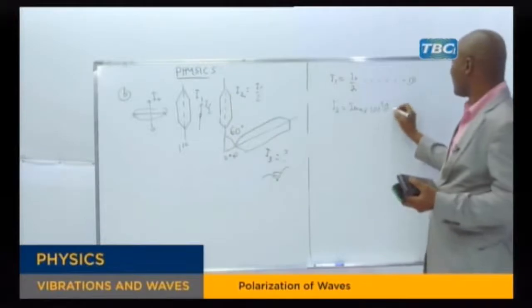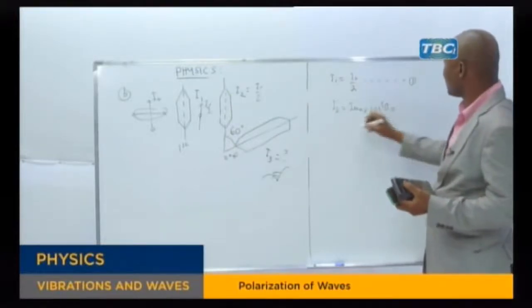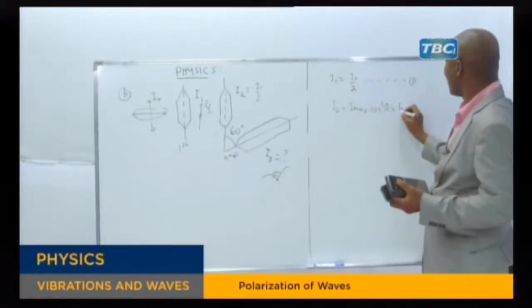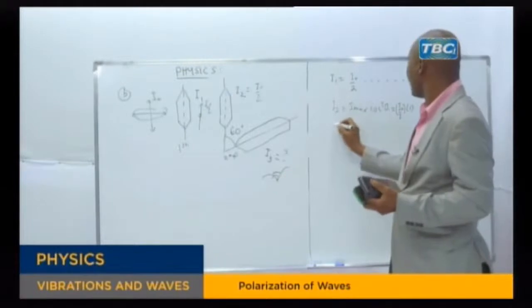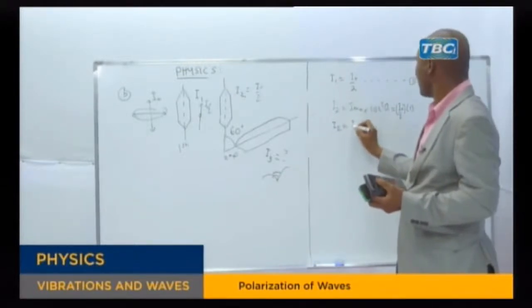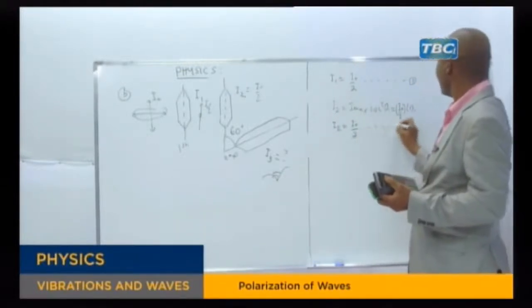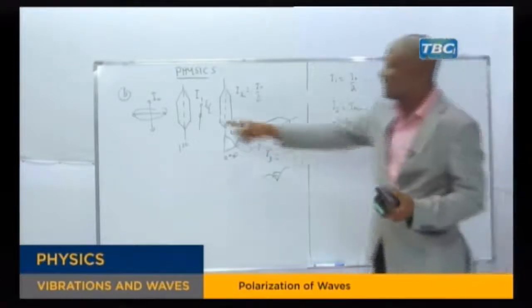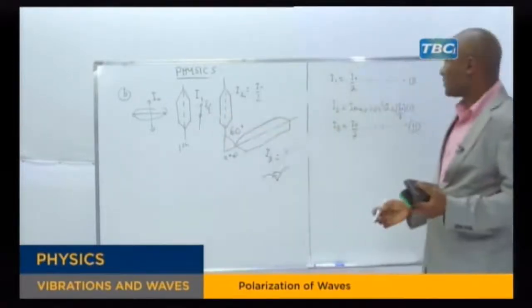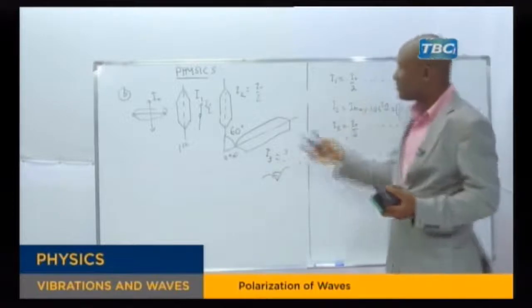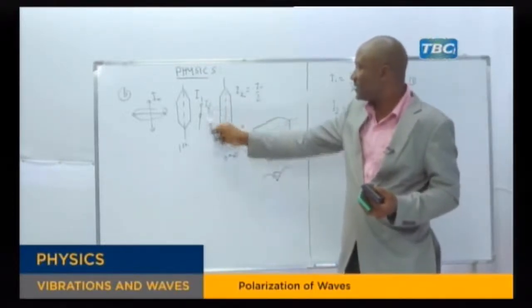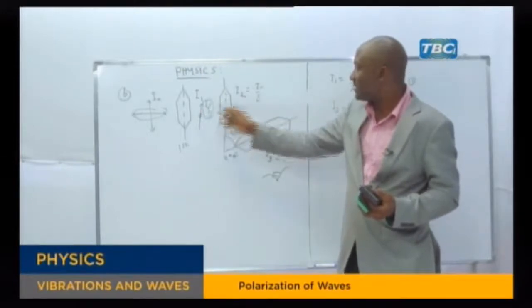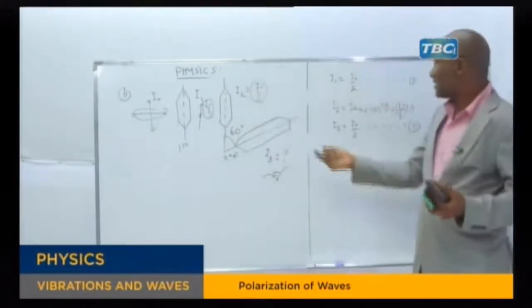Cos of 0 equals 1, so this will be I0 times cos of 0, which is 1, 1 squared is 1, giving us I2 equals I0 over 2 again. But you have seen the angle between them is 0. You can use that theorem, or you know the concept here, because the axes are parallel. The component which will be allowed to pass is the same, and there are no changes here.